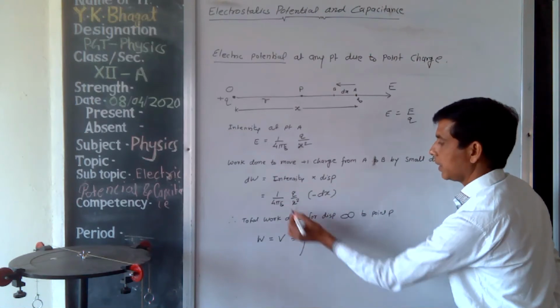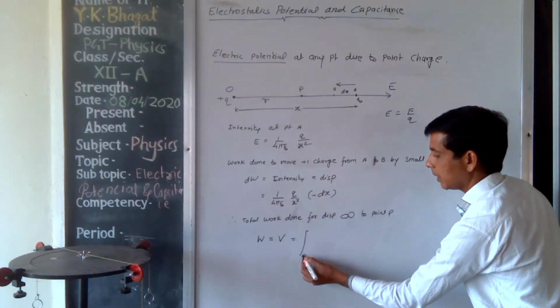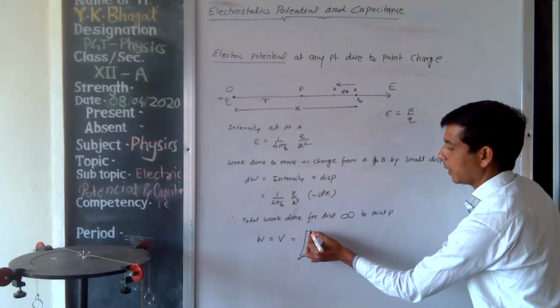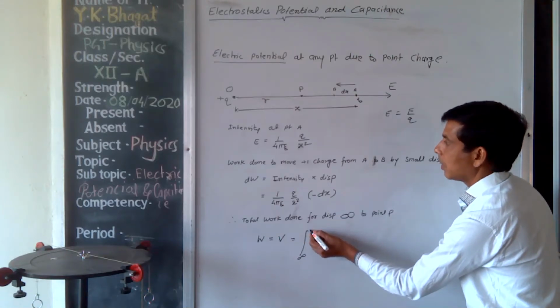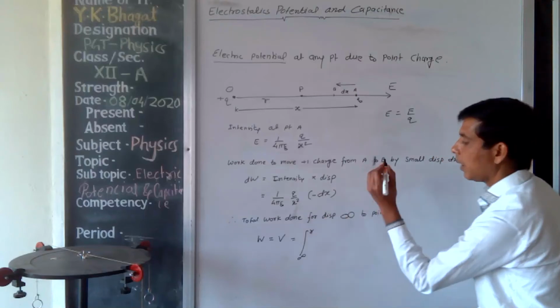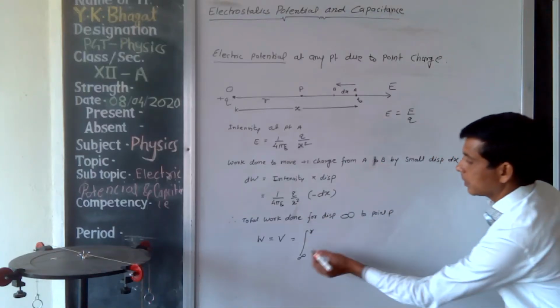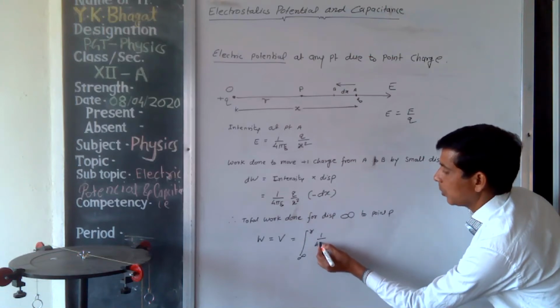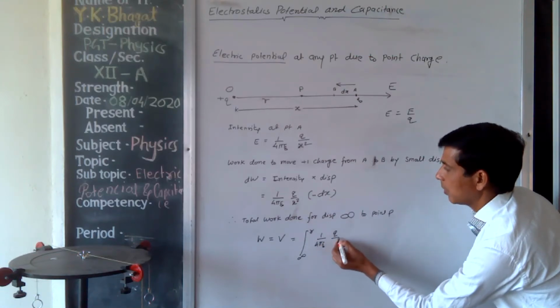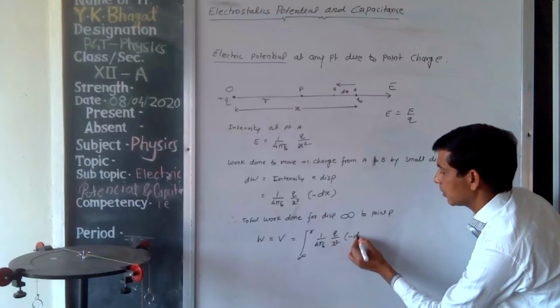It is given by the integration of this, and the integration is from infinity to point P, and point P is at distance r away. The value is 1 upon 4 pi epsilon naught q upon x square into minus dx.